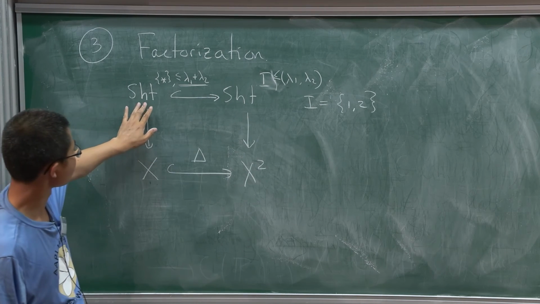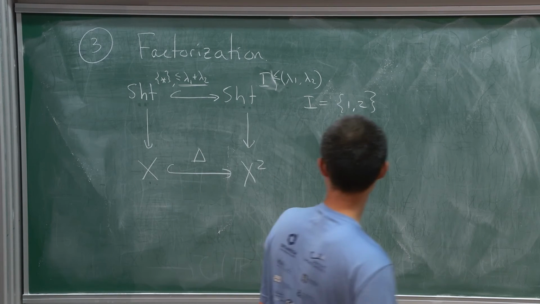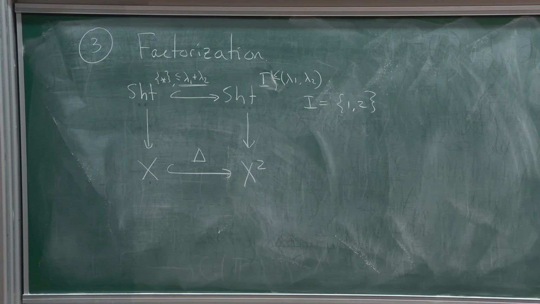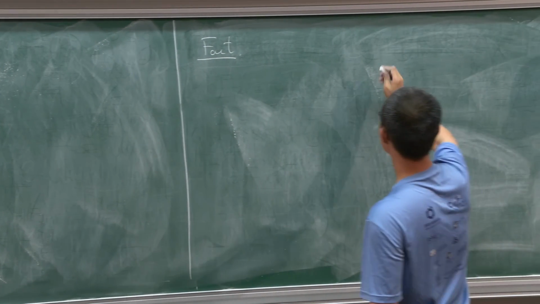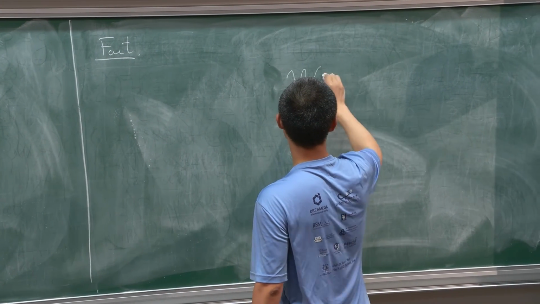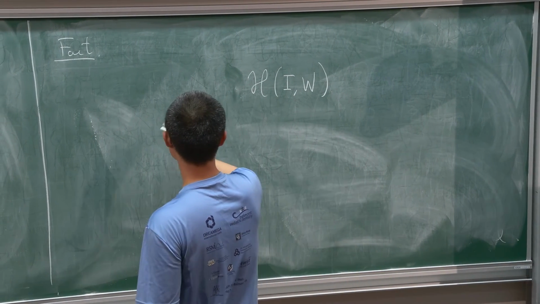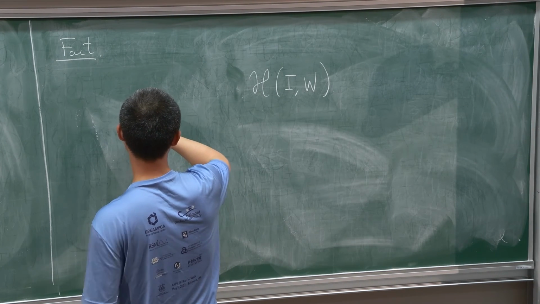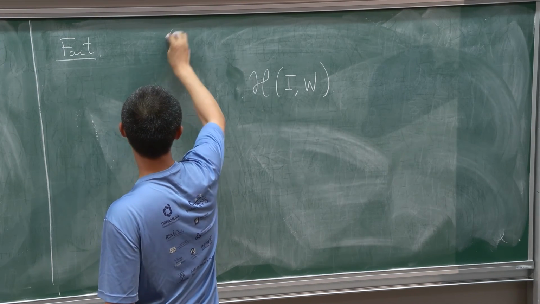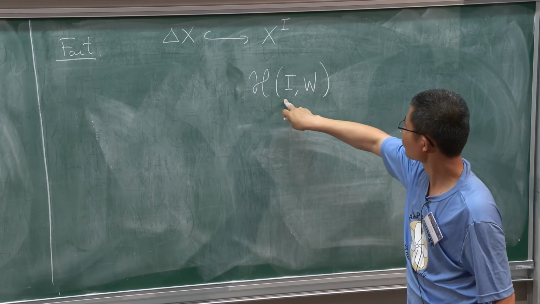Now there are more precise statements about how the singularities of this relate to the singularities of that, and it can be summarized as follows. In terms of these curly H I W, I need to restrict to a diagonal. So let's first restrict to the small diagonal. Here I consider multiple legs.